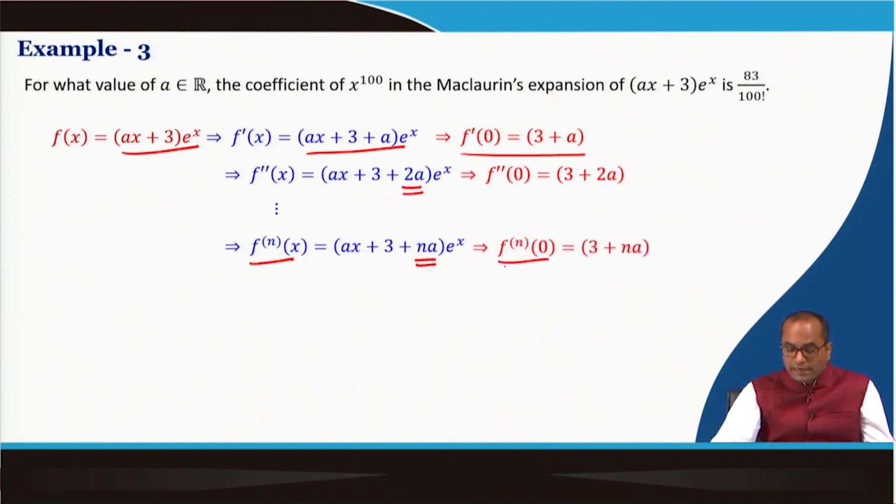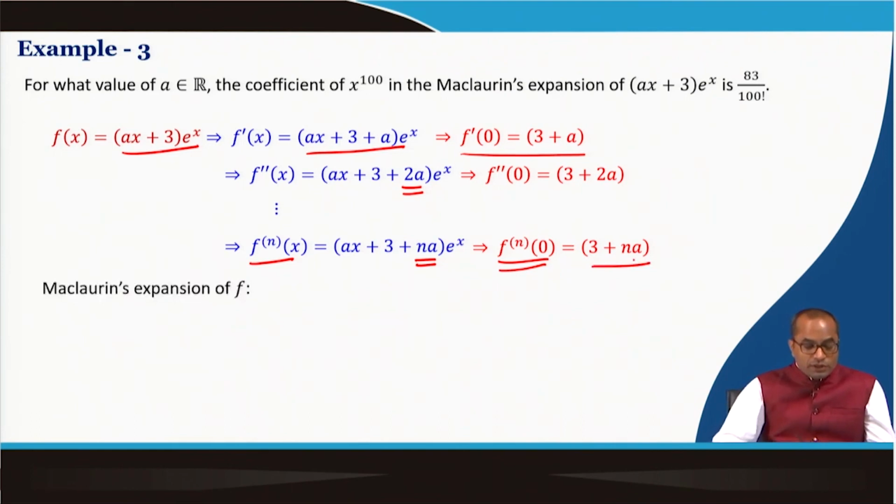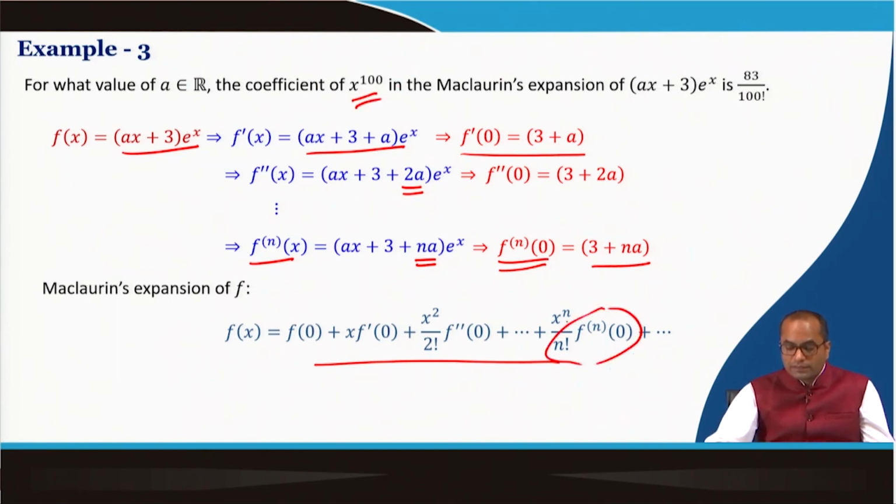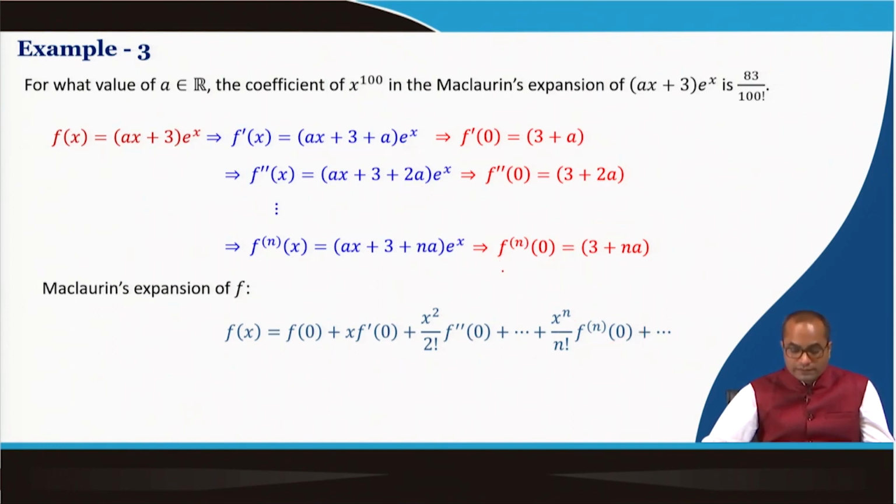The value of the nth order derivative at 0 will be 3 plus na. Now we can write down the Maclaurin expansion, and it is given the coefficient of x to the power 100. We know the coefficient of x to the power 100 will be 1 over 100 factorial times the 100th derivative at 0, which we can easily find from here.